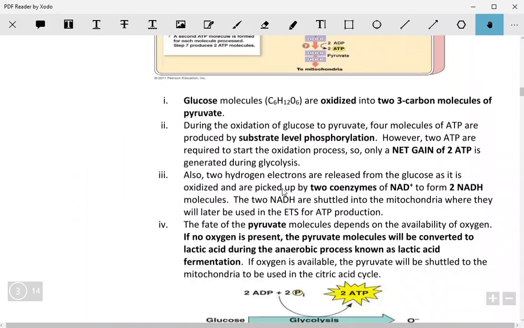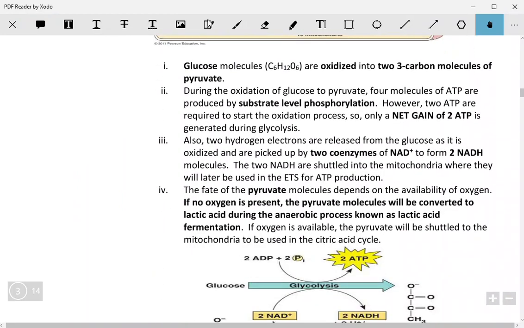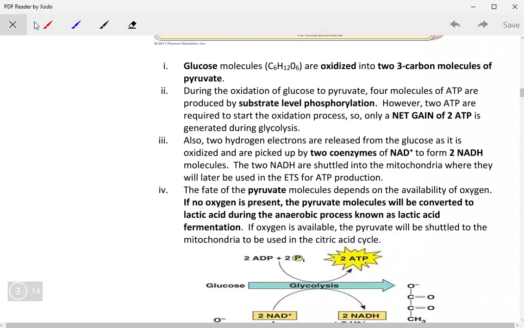So when we look at glycolysis, what are the key players here? Well, glucose molecules that, like I said, will be converted eventually into ATP. But there are other steps involved. So what do we have here? We have glucose being a 6-carbon molecule. It is going to be broken down. Yes, you can say it can be oxidized.